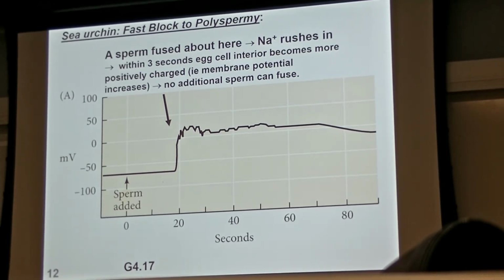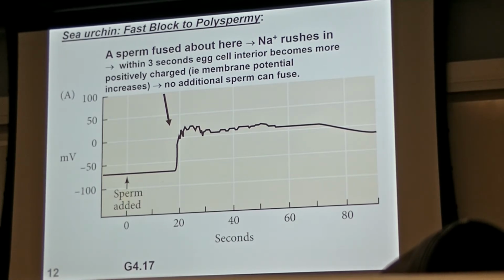Question: what if another sperm touches it within the 3 seconds before the change? It could happen. Another sperm might touch it within 3 seconds, before the fast block has prevented another fusion. It is possible to get polyspermy, and you can especially see that in experimental conditions if the concentration of sperm is very high.